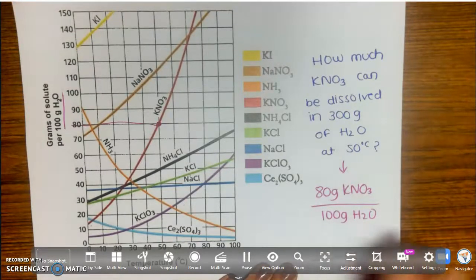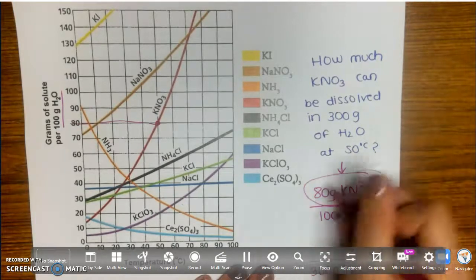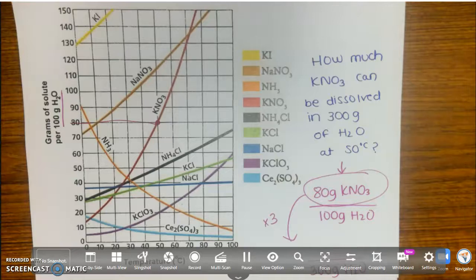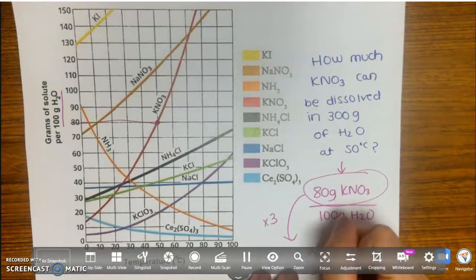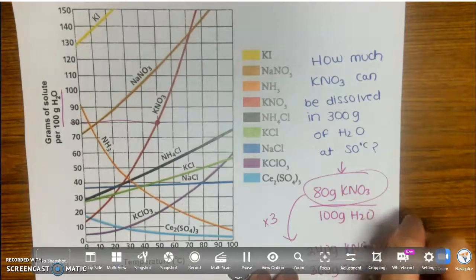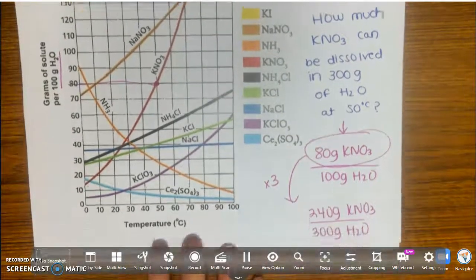Well, if I change it to be 300 grams of water, that is 3 times as much water. So I would take my solute and multiply it by 3. And so what's 80 times 3? 240. 8 times 3. So you could have 240 grams of potassium nitrate dissolved.